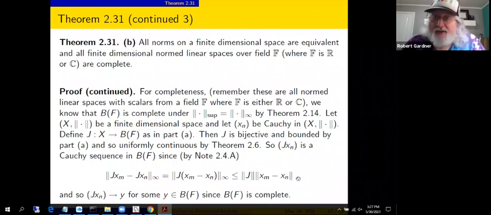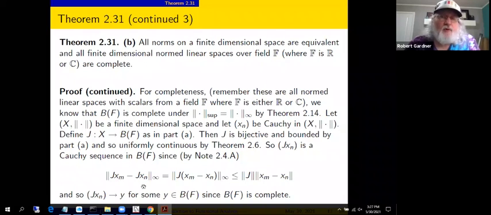You can make it smaller than epsilon over the norm of J, for example, similar to what we did above. This can be made small. This is a constant. This can be made small, to be informal about it. And so this tells us that J of X sub n is a Cauchy sequence in B of F. But we saw above that B of F is complete under this sup norm, this infinity norm.